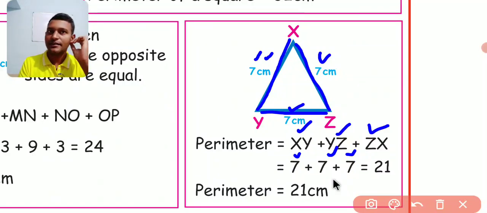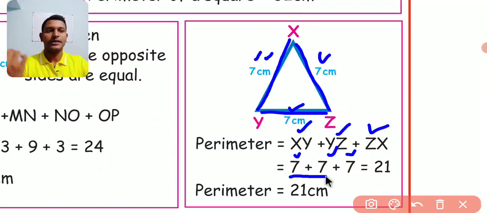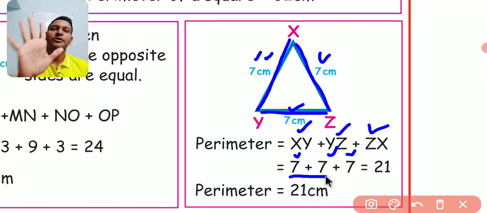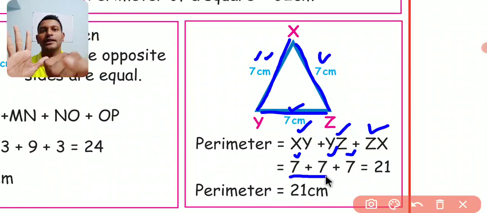So we have to add 7 plus 7 plus 7. Now you add 7 plus 7. I just keep 7 in my mind. I am going to count 7 using my finger. 8, 9, 10, 11, 12, 13, 14.